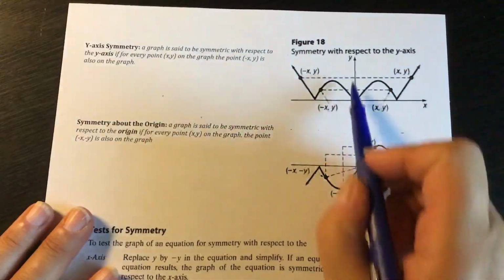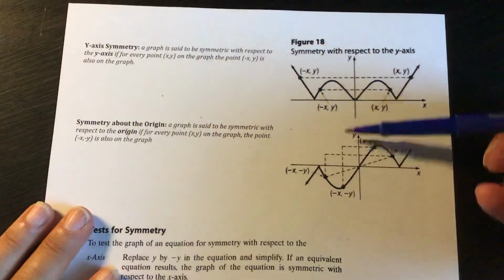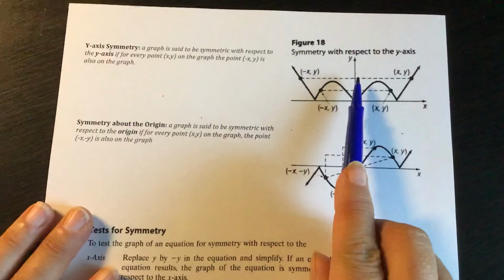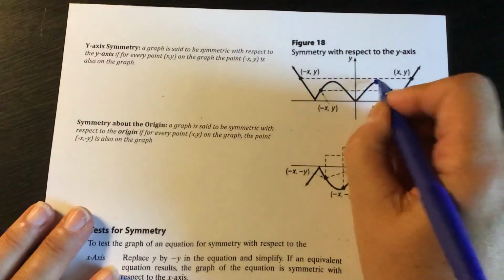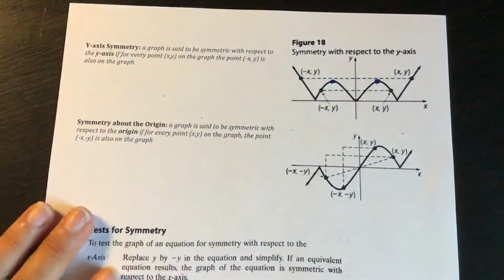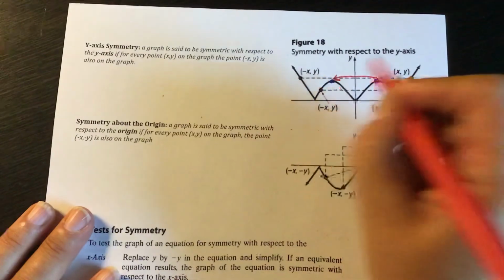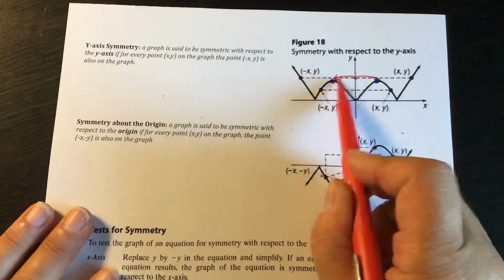If something is symmetric about the y-axis, we're going to flip it side to side. For the x-axis, we'd flip up and down over the x-axis. For the y-axis symmetry, we'll flip it over the y-axis. So every point on the graph corresponds to a point that is the same distance away from the y-axis.